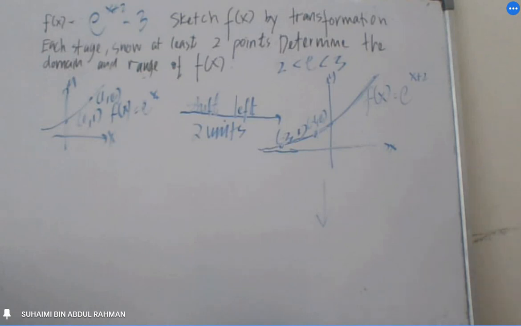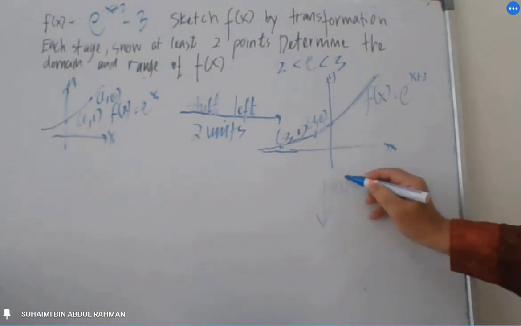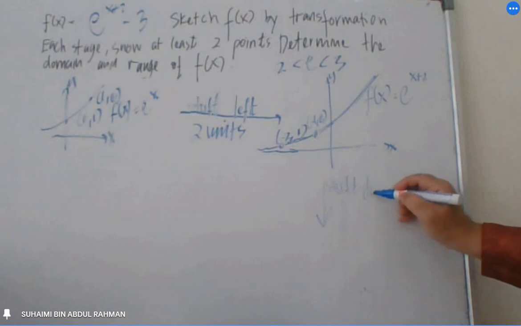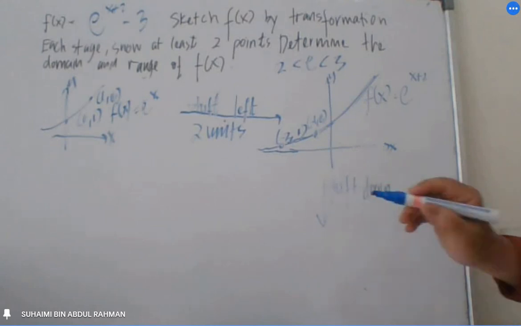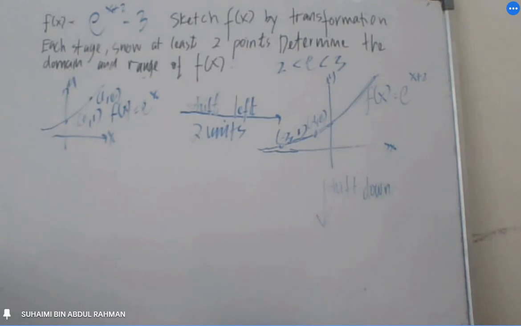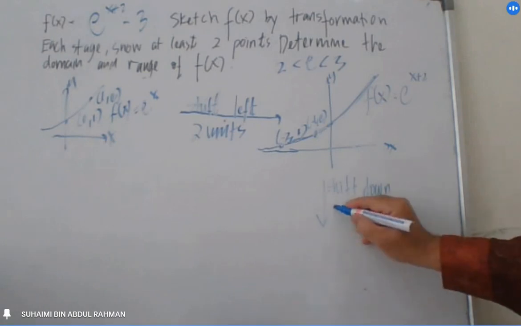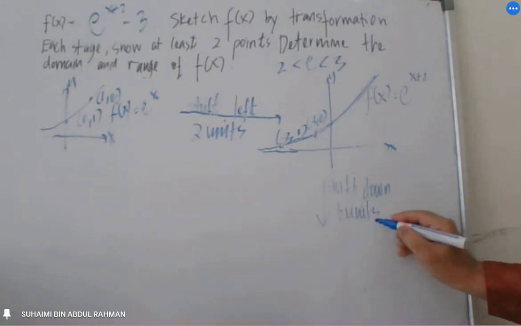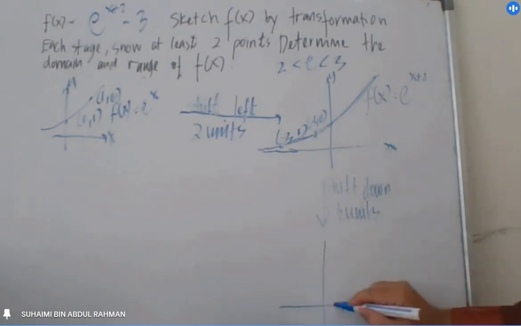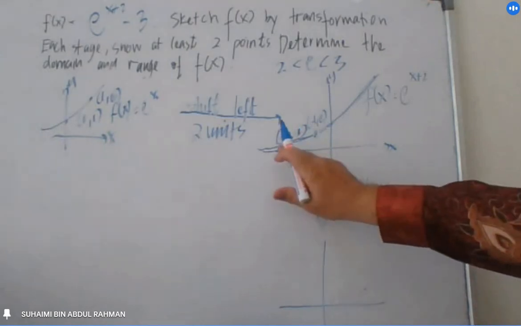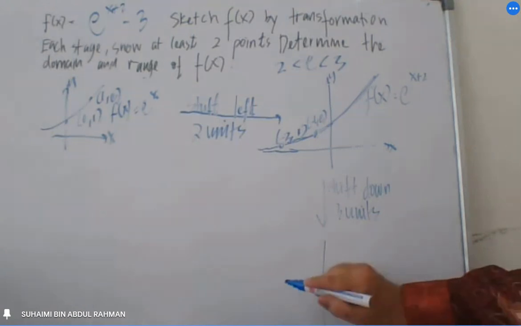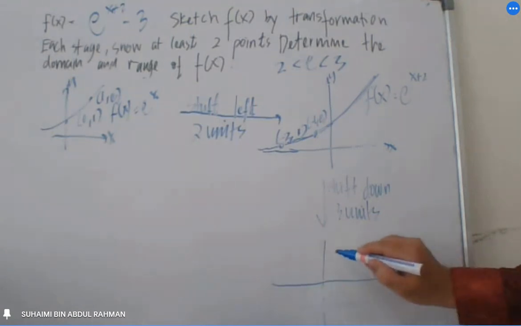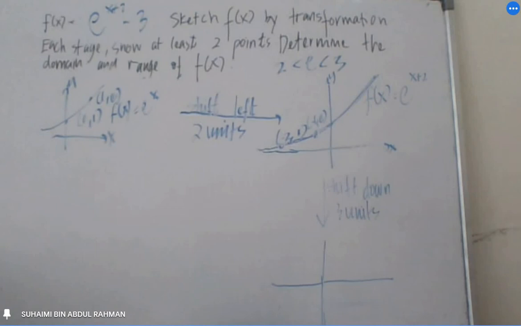Downward. How many units? 3 units. Therefore, our graph will become: the point (-2, 1) will go to the point.